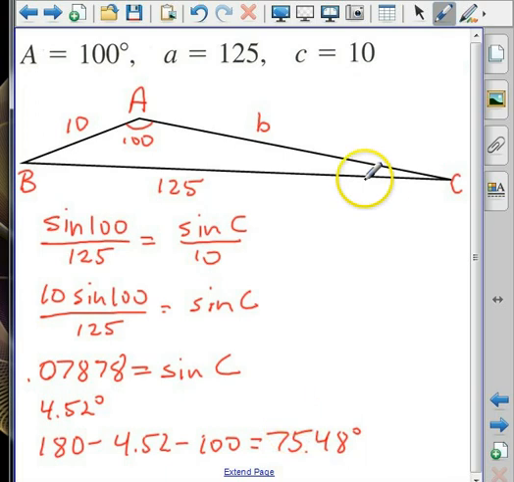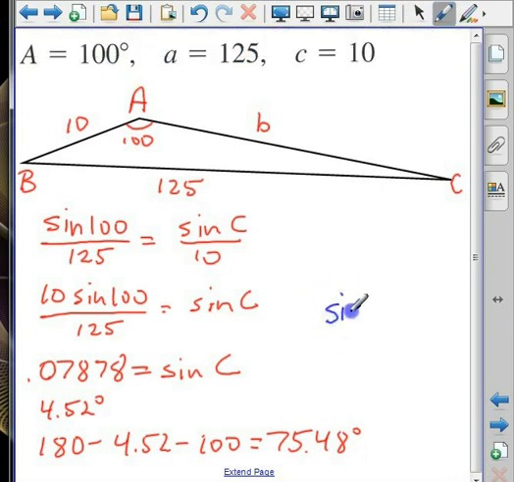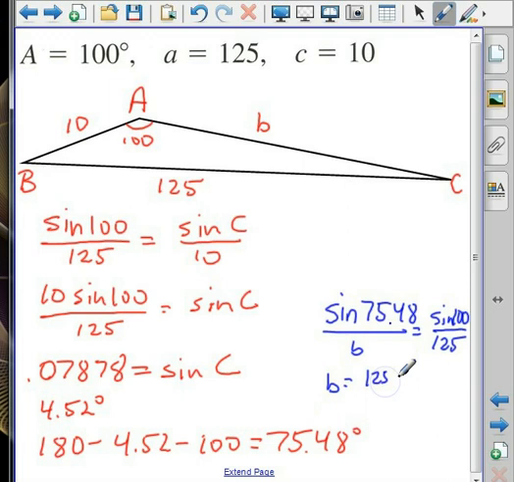So now that I know what angle B is, I can get side B. The sine of 75.48 over B is equal to the sine of 100 over 125, which means that B is 125 sine 75.48 over the sine of 100.